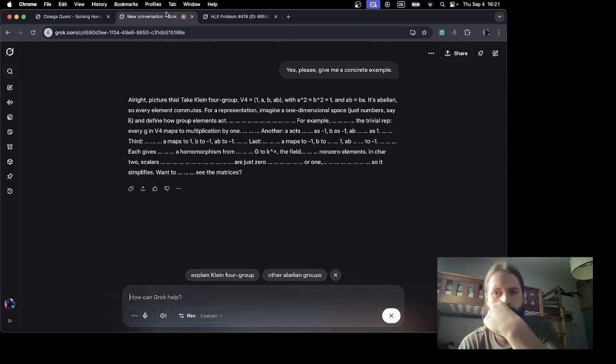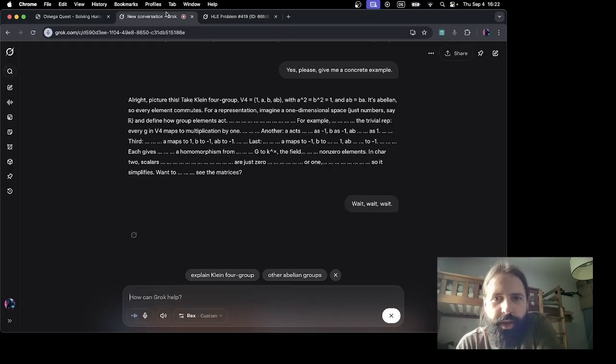Third: a maps to 1, b to -1, ab to -1. Last: a maps to -1, b to 1, ab to -1. Each gives a homomorphism from G to K^×, the field's non-zero elements. In char 2, scalars, things simplify. Want to see the matrices?